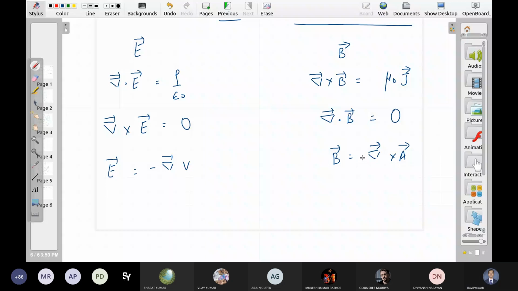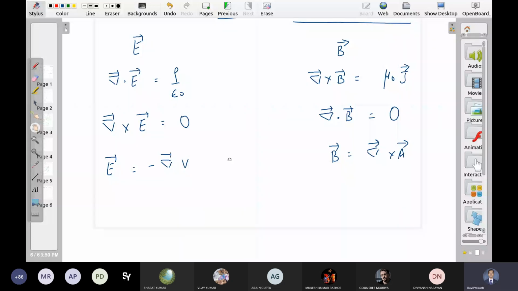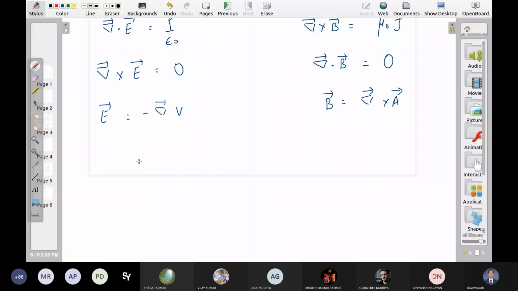And where does this idea of potential come from? There are some physical arguments or there are some mathematical arguments as well. First is divergence of curl of any vector is 0. Second, curl of gradient of any scalar is 0.